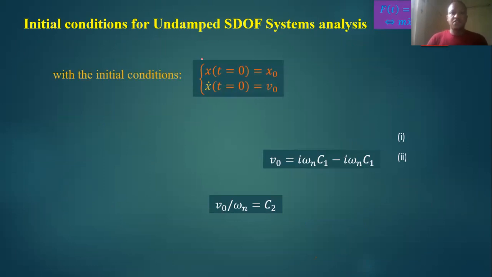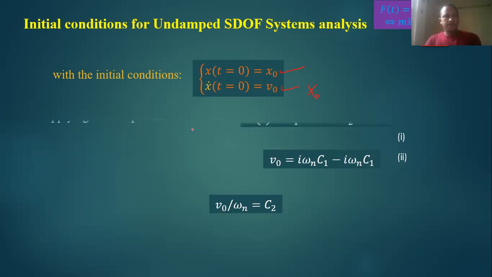We have initial conditions: x of t at time t equal to 0 is x naught, and x dot of t at t equal to 0 is v naught, or sometimes we take it as x dot naught.